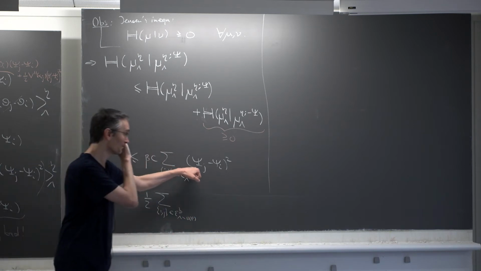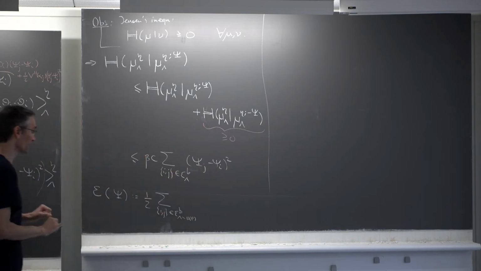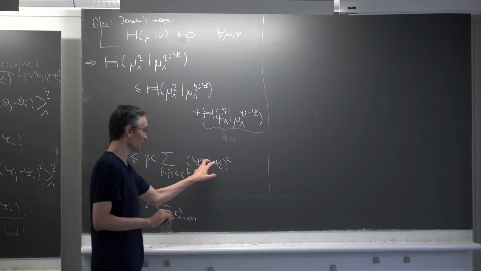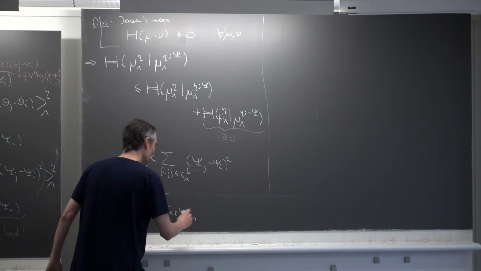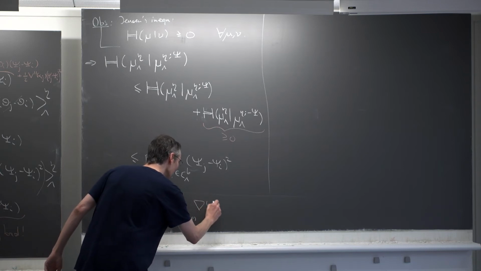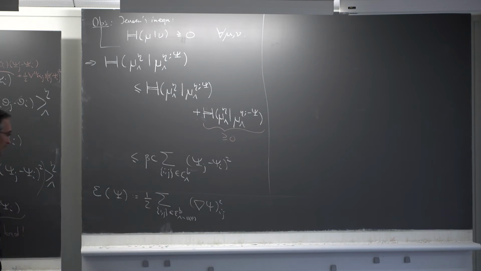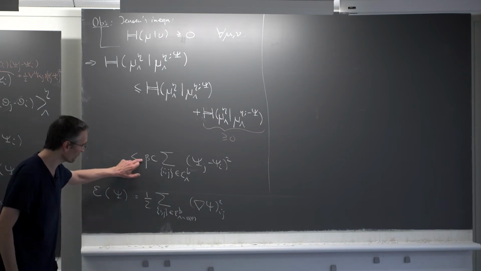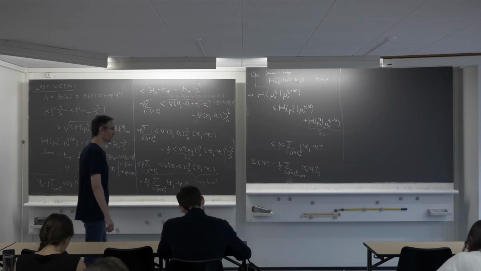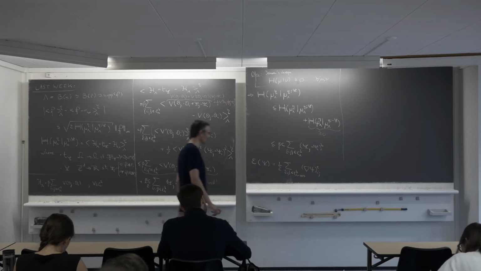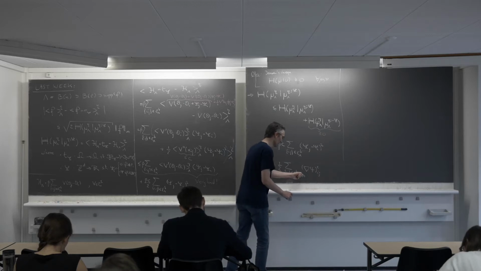See, psi is constant inside BL, so the difference here is always equal to 0 if I take an edge which is inside the small box BL. So I can just as well remove it, it does not change anything. And then I have this grad psi ij square, which is exactly the term which is here. So up to the constant, I have replaced the beta c by 1/2. It's exactly the same quantity.